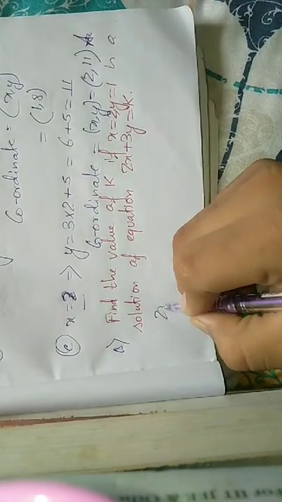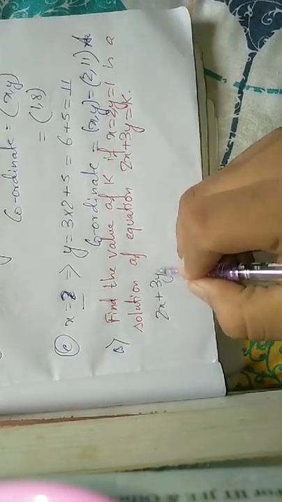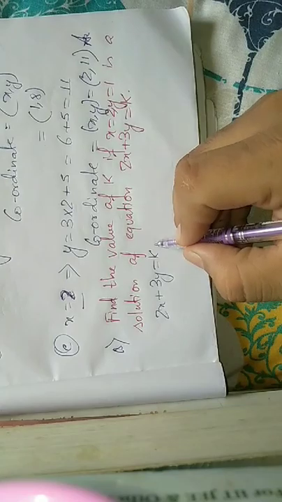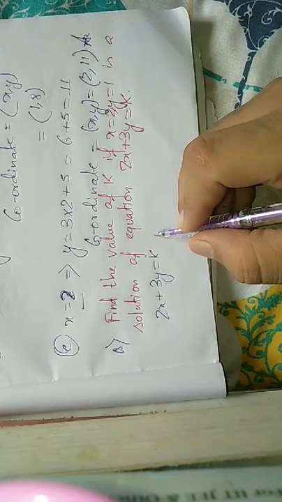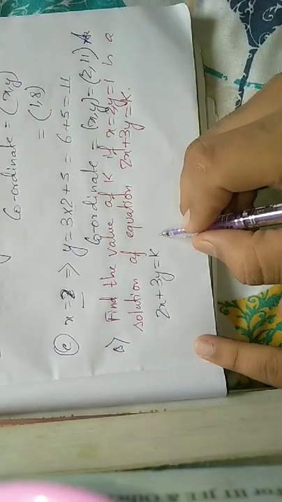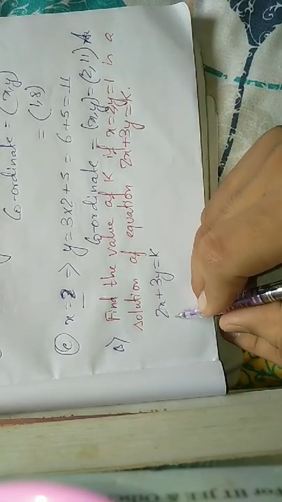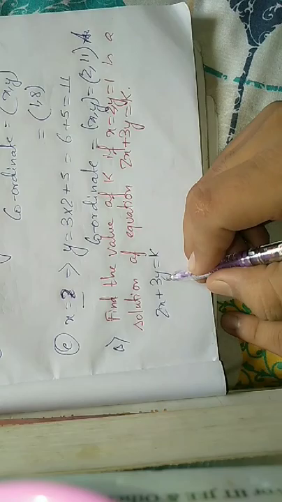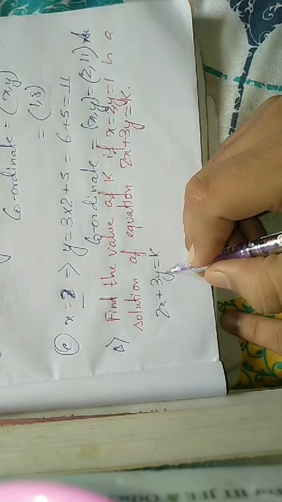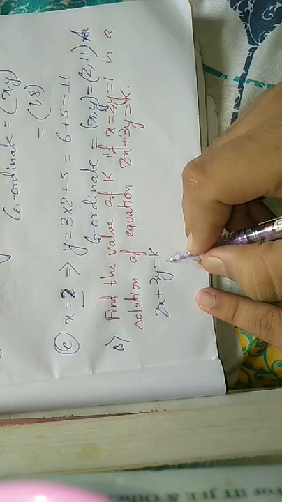So let's start. 2x plus 3y is equal to k. Let's substitute the values of x and y. Before substituting, you need to write: substituting x equal to 2 and y is equal to 1 in the equation.